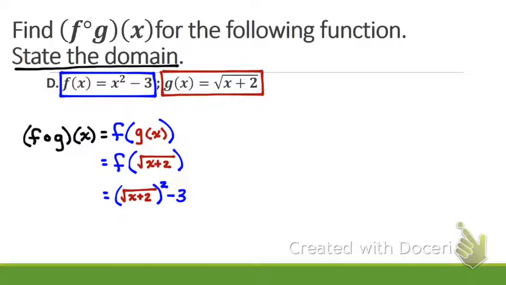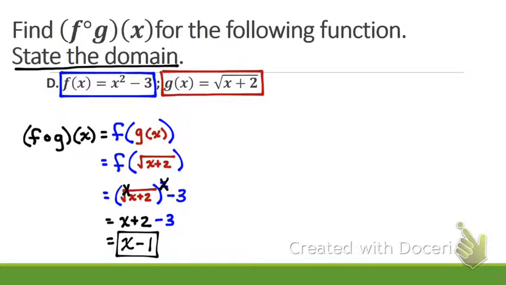Yes. What happens when I square something that's being square rooted? Cancels out. So I would have x plus 2 minus 3, which is what? X minus 1.